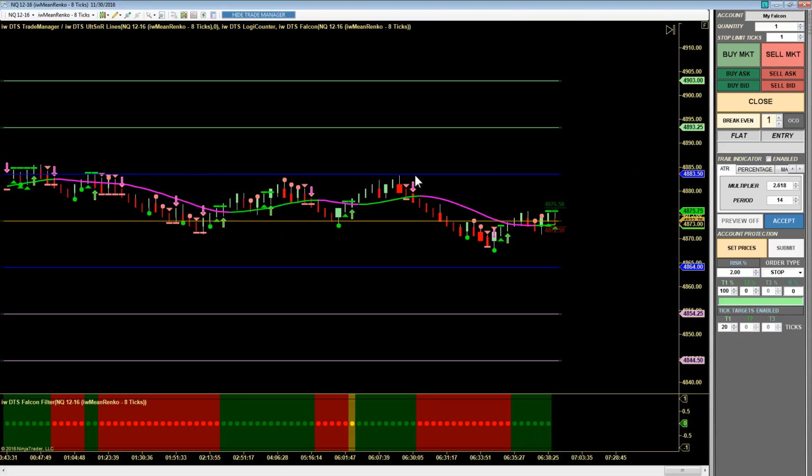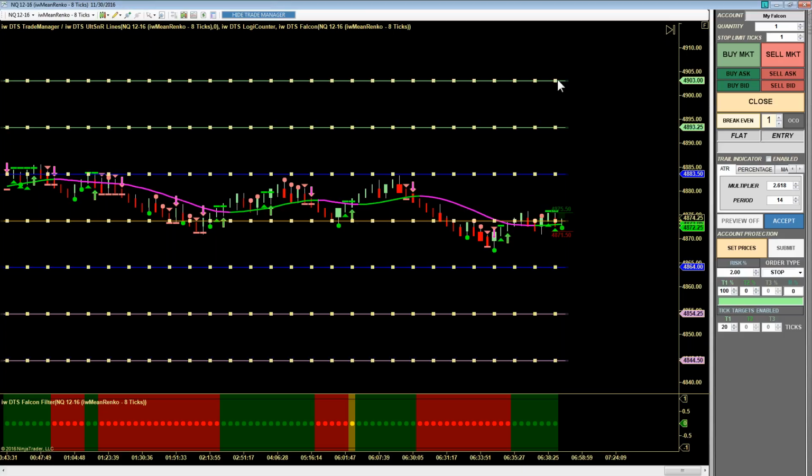The blue line above is primary resistance. The blue line below is primary support. These have a tendency to set the tone for the day. When the market gets above here, it's going to be a little bit more bullish. When it gets below here, it's going to be a little bit more bearish. But right now, we're kind of stuck there.